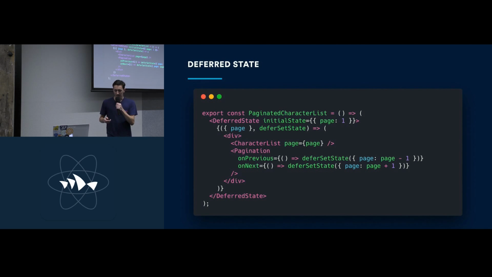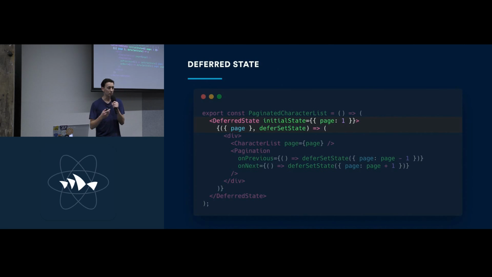I created this deferred state component, and it gives you the same three things that you have in the class solution. You have a way of setting your initial state, and when it uses the children as a function pattern again to render, you get the current state as well as the defer state function. And you use this in a very similar way to what we saw in the class example.